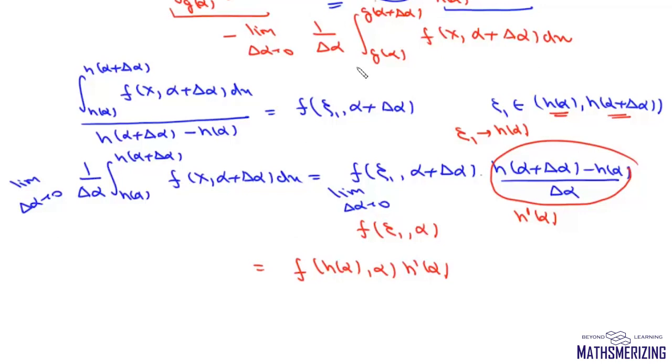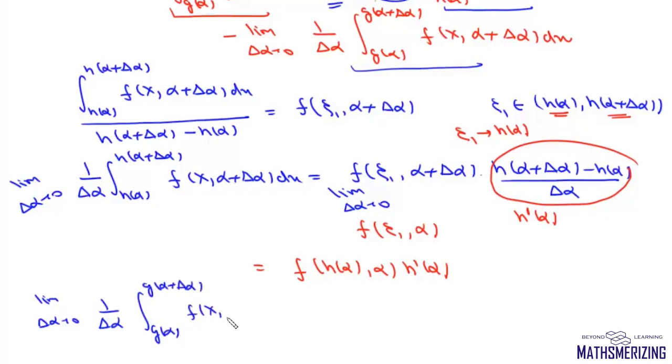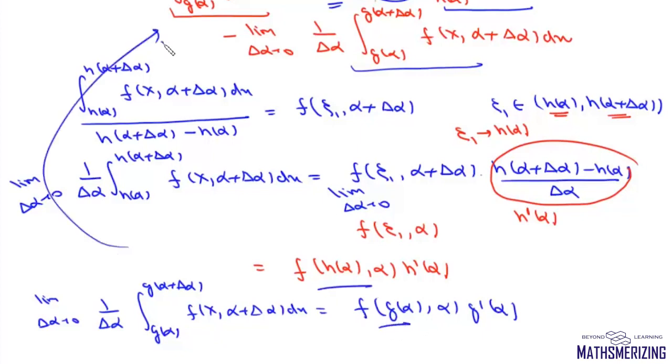And in the same way, for this second part, we can write the limit delta alpha tends to 0 of 1 upon delta alpha, the integral from g alpha to g alpha plus delta alpha of f(x, alpha plus delta alpha) dx, it will be equal to f(g alpha, alpha) into g dash alpha, again using the mean value theorem for integrals. So now we'll substitute these two results in the formula.